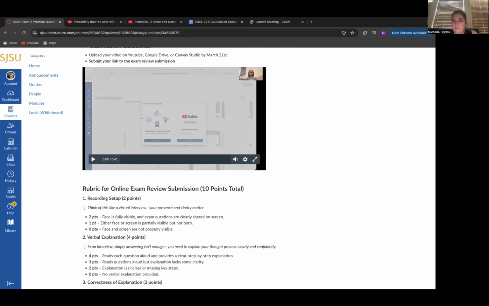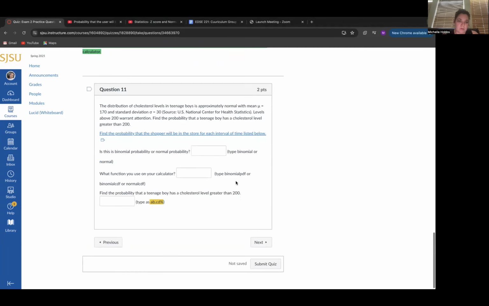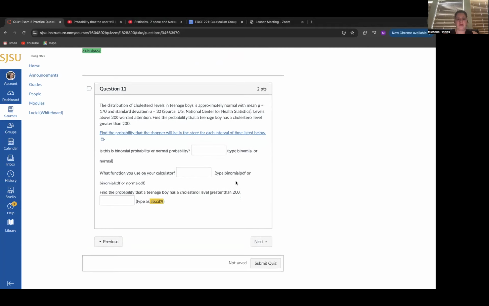And I need to make sure my computer's not going to die. Oops, 7%. Okay, I'm almost done. Let me grab my charger real quickly. Sorry.